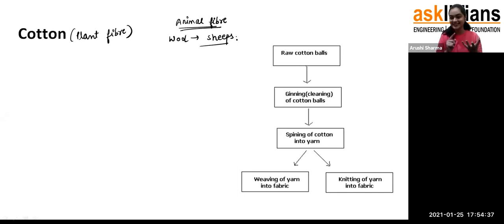Sheep are there for the wool, and silk we get from the silkworm. But my dear students, nowadays we have an alternative to silk, which we call artificial silk. That's rayon.